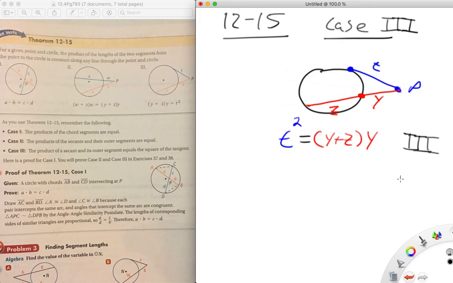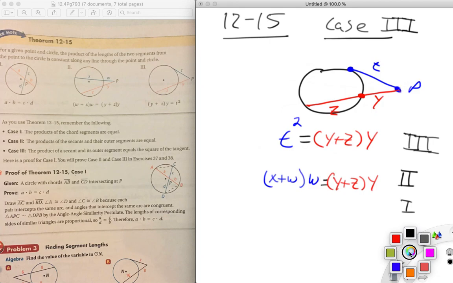And then we had case number 2. And that was X plus W times W. And that equals Y plus Z times Y. And then we had case number 1.